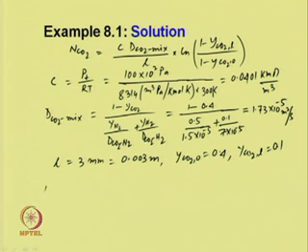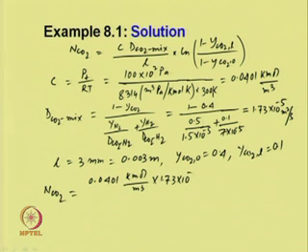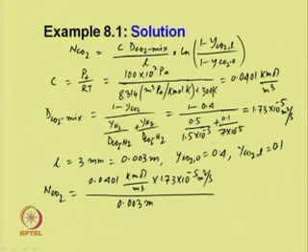So, the flux N CO2 we can calculate: 0.0401 k mole per meter cube into 1.73 into 10 to the power minus 5 meter square per second divided by 0.003 meter into ln of 1 minus 0.1 divided by 1 minus 0.4.